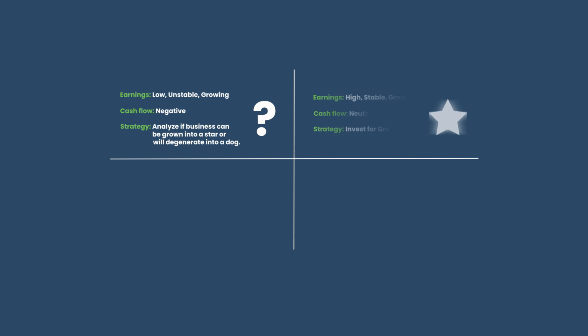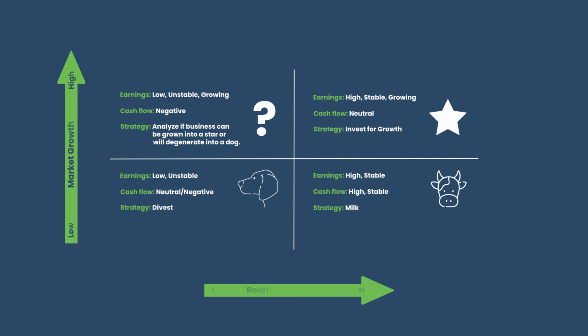The most well-known 2x2 matrix is the BCG Matrix, a term only to be used when applying at BCG. Also called the Growth Share Matrix, it helps assess a company's current product portfolio based on the product life cycle represented by market growth and relative market share, which mirror a company's experience curve.